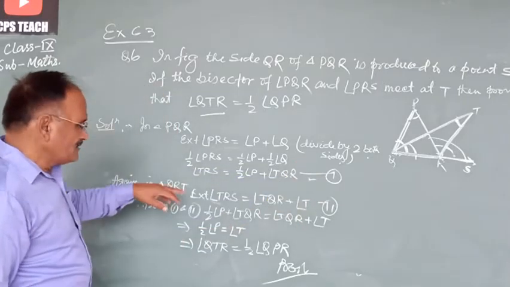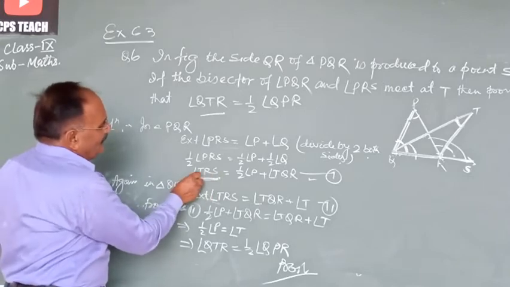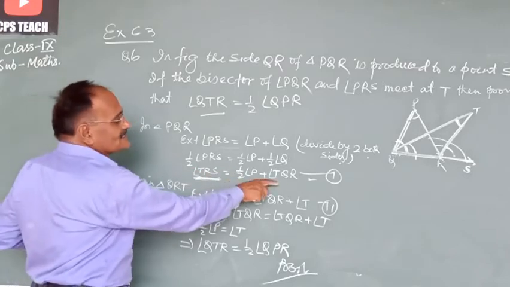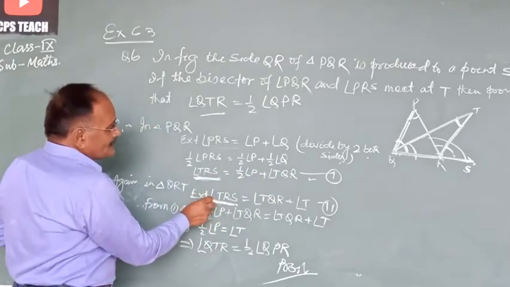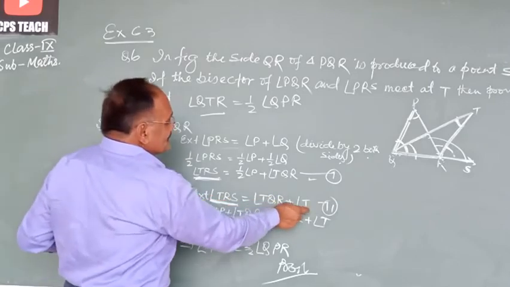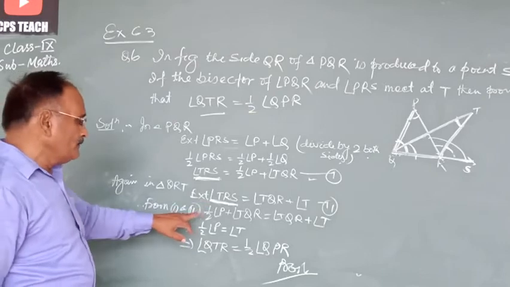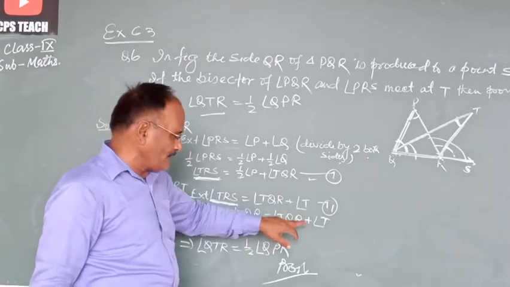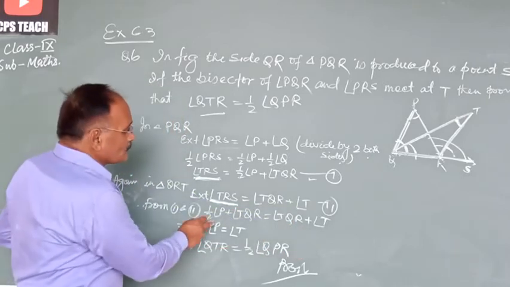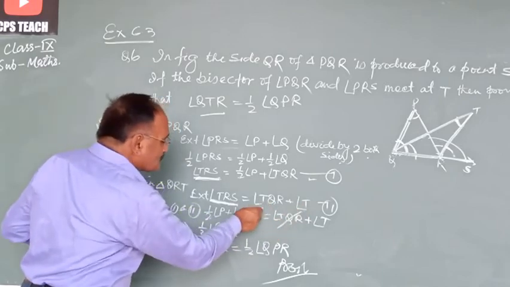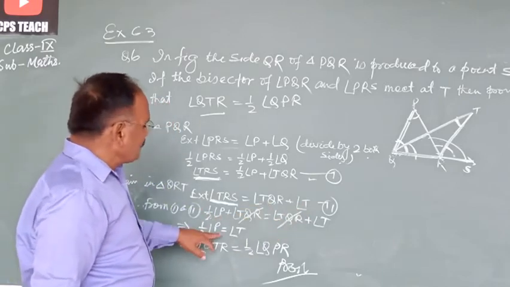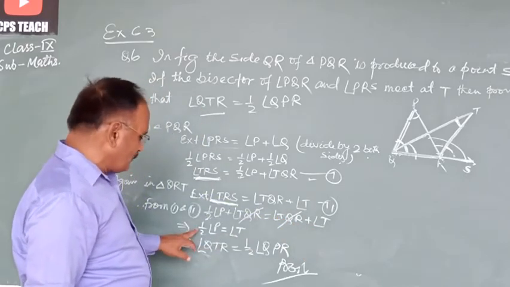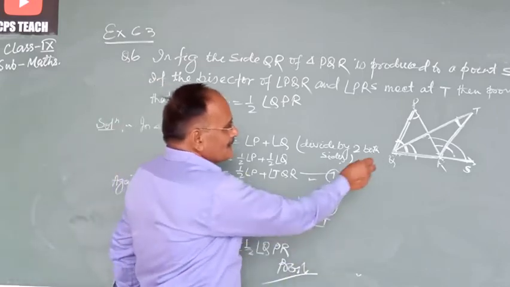From 1 and 2 we see that the left hand side is just angle TRS. The value of TRS is this in the first equation, and exterior angle TRS is this in the second equation. इसलिए from 1 and 2, 1/2 angle P plus angle TQR is equal to angle TQR plus angle T. Now 1/2 TQR and TQR both are the same, so they are cancelled. 1/2 angle P बराबर angle T, it means angle T is equal to angle QTR, and 1/2 angle P is equal to 1/2 angle QPR.